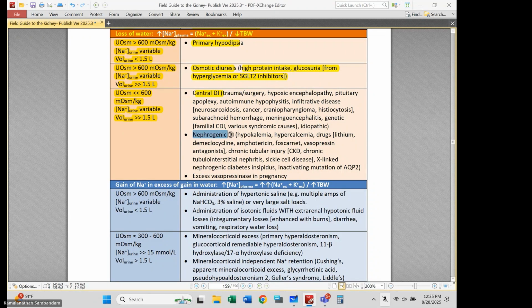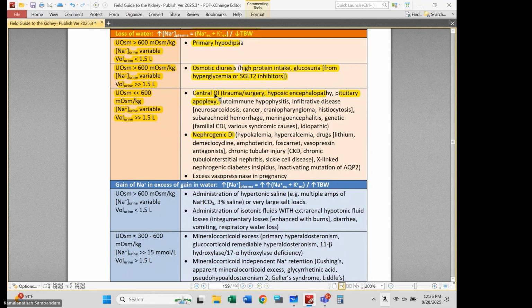Examples of this would be your classic central DI, nephrogenic DI. Those would be examples that manifest in these various contexts, right? CNS trauma or CNS surgery. Patients who've had a hypoxemic encephalopathic insult.